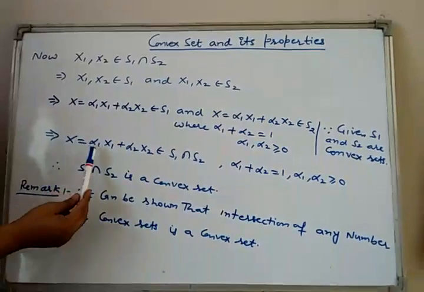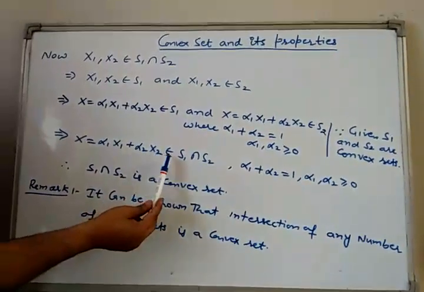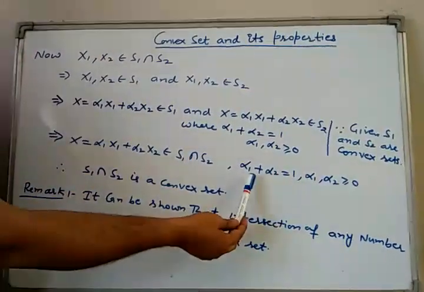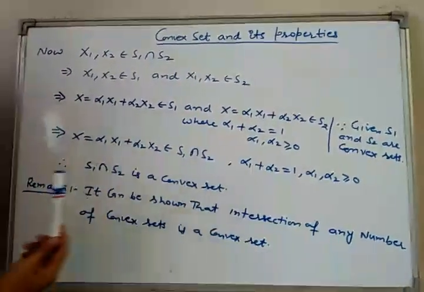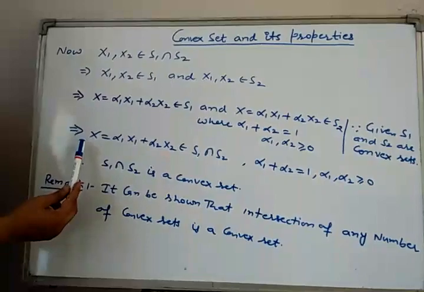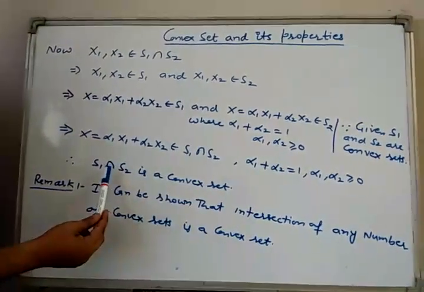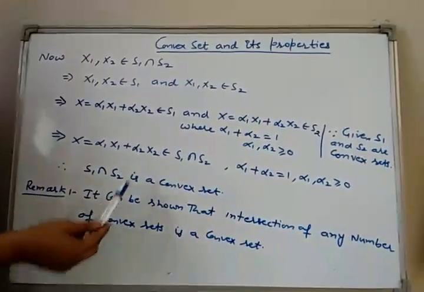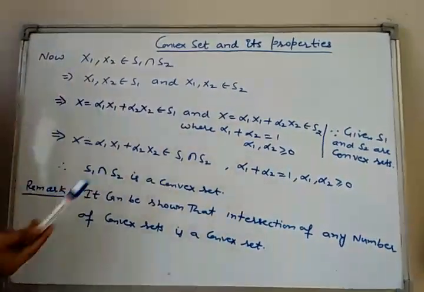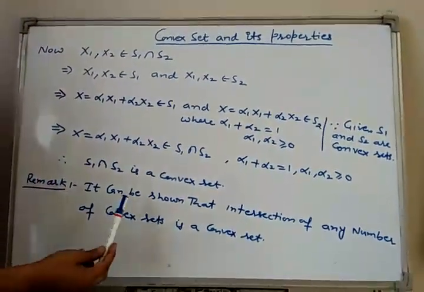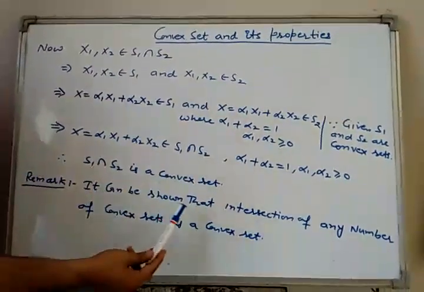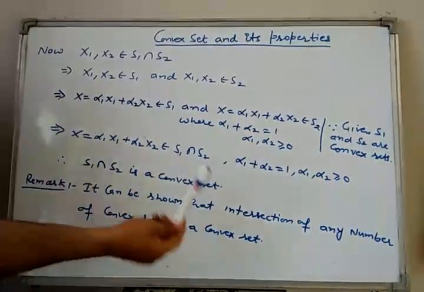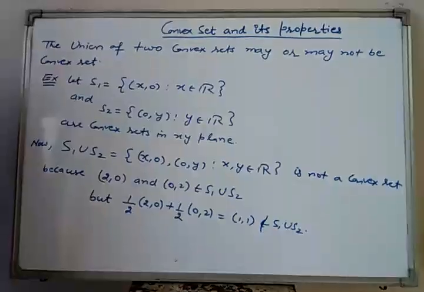Therefore, x equal to alpha 1 x1 plus alpha 2 x2 belongs to their intersection, with the condition on scalars that their sum is 1 and all scalars are non-negative. Therefore, S1 intersection S2 is a convex set. Now we can generalize this result to any number of convex sets. That is, it can also be shown that the intersection of any number of convex sets is also a convex set.